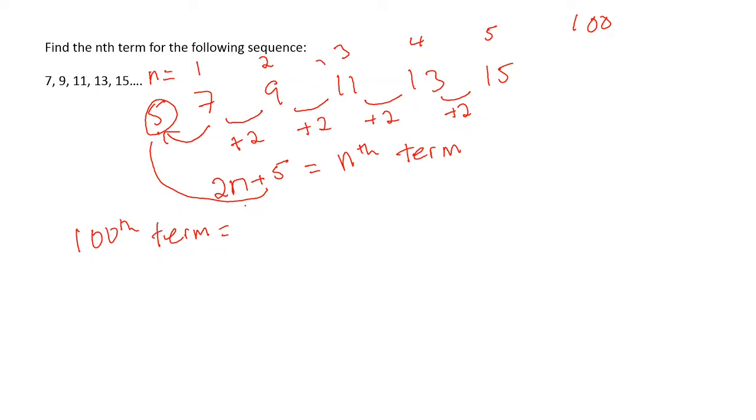If I go back to here, I'm just going to say when n is 100, 2 times 100 plus 5 equals, well, 2 times 100 is 200, plus 5 equals 205. That will turn out to be the number that's in the 100th position of the sequence.